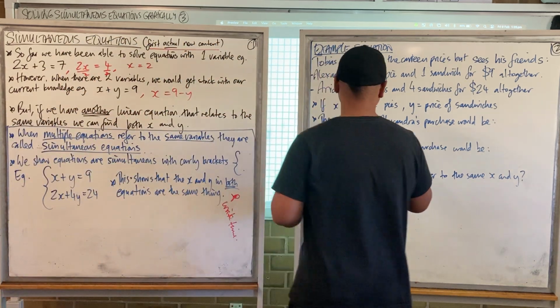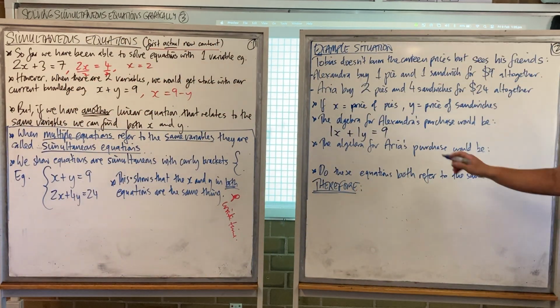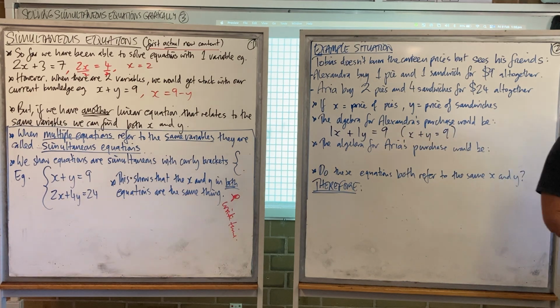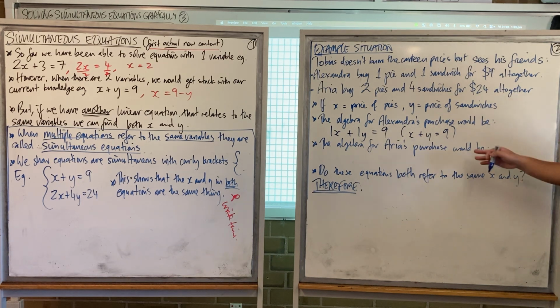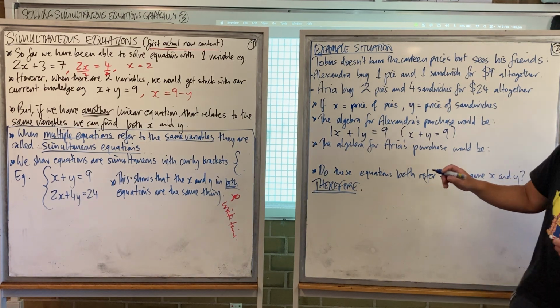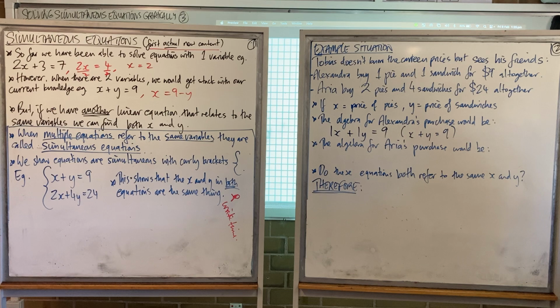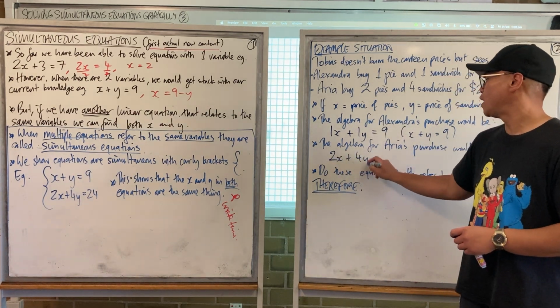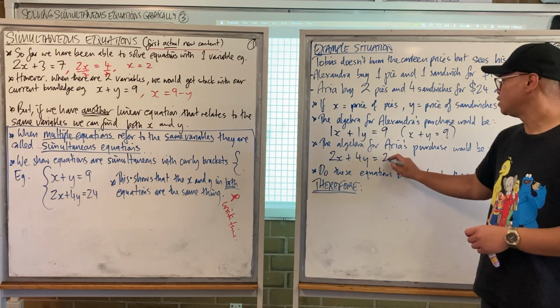Excellent. That's exactly the same. You're not going to be marked down for either. What would the algebra for Ari's purchase be? 2x plus 4y. Good. 2x plus 4y equals 24.